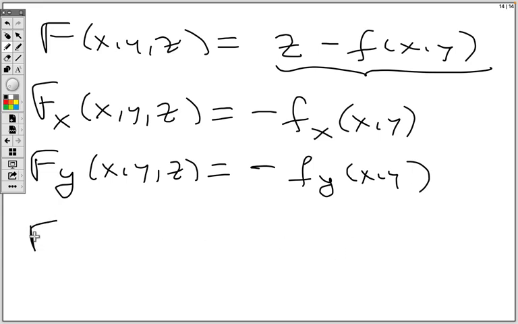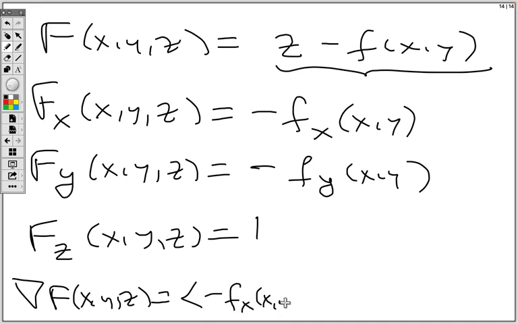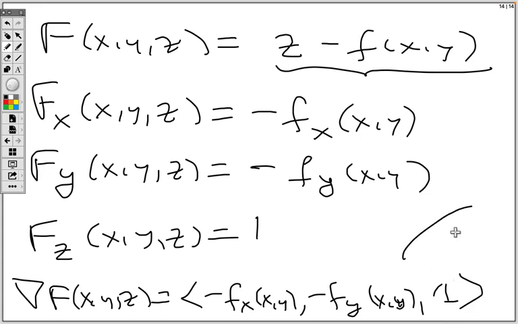And finally, if I take the partial derivative with respect to z, what would I get for this? Yeah, just 1. So my gradient here is the vector minus little fx, minus little fy, and 1. And if that vector looks familiar, it should.